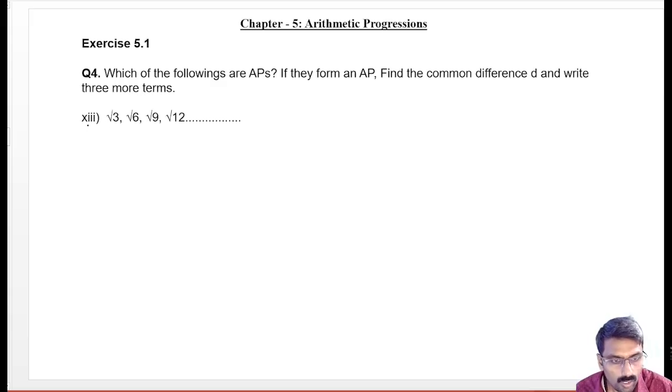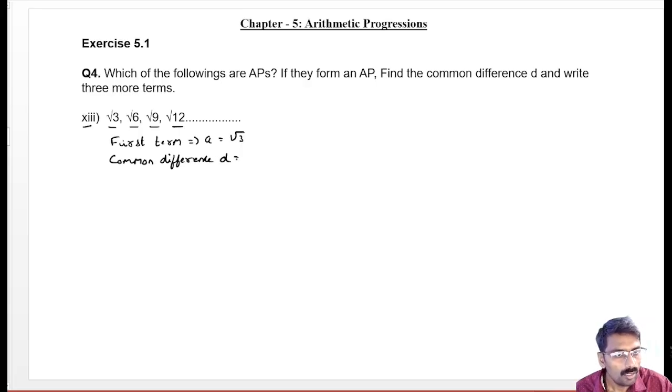Our next sub question is question number 13, and given terms are root 3 comma root 6 comma root 9 comma root 12 and so on. First term here is a, that is equals to root 3, and common difference d is equals to a2 minus a1, which is equals to root 6 minus root 3.